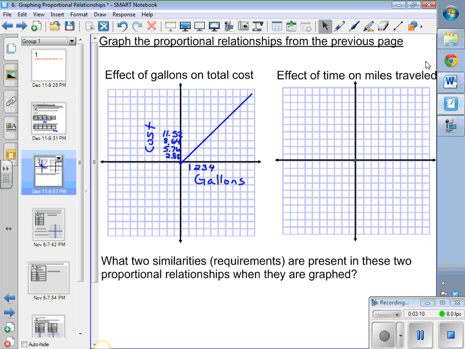This one, I've got 1 hour, 2 hours, 3 hours, 4 hours. And this is my hours, and this is my miles traveled.